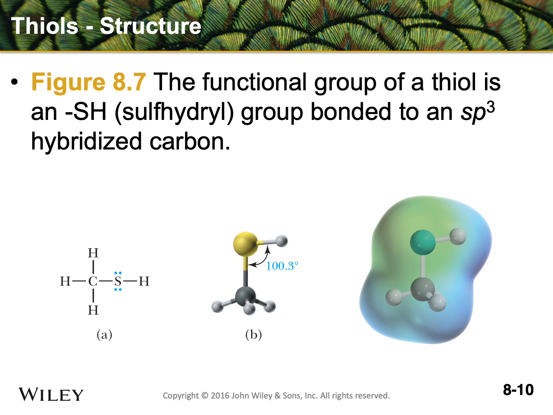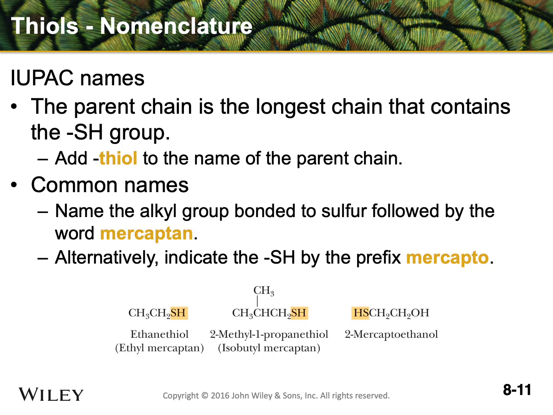The last group we're going to talk about is the functional group called the thiol, which is a sulfur and hydrogen group bonded to an sp3 hybridized carbon. Just like with the alcohol system, we have lone pairs on the sulfur with a hydrogen on that sulfur. Because the sulfur is sp3 hybridized, it does have that 109.5 degree bend, or in this case, a little less than that.